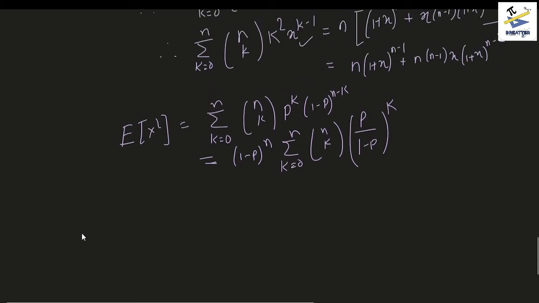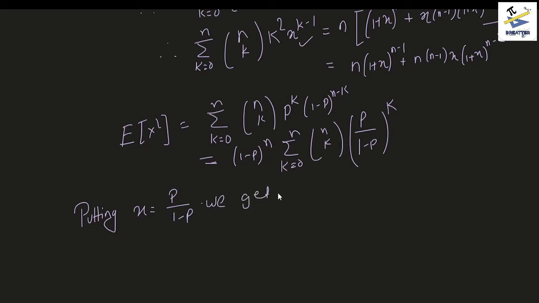Putting x equals p by 1 minus p, we get summation k equals 0 to n nCk k square (p by 1 minus p) to the power k.